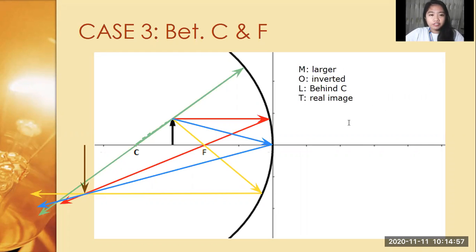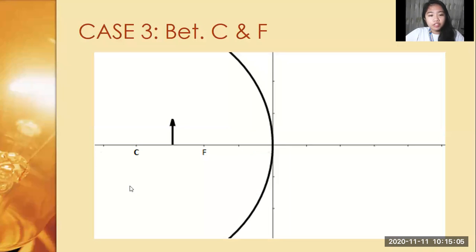Okay? And so this is for our case number 3 between C and F. Now let's go to case number 4, which is the object is found at the principal focus.